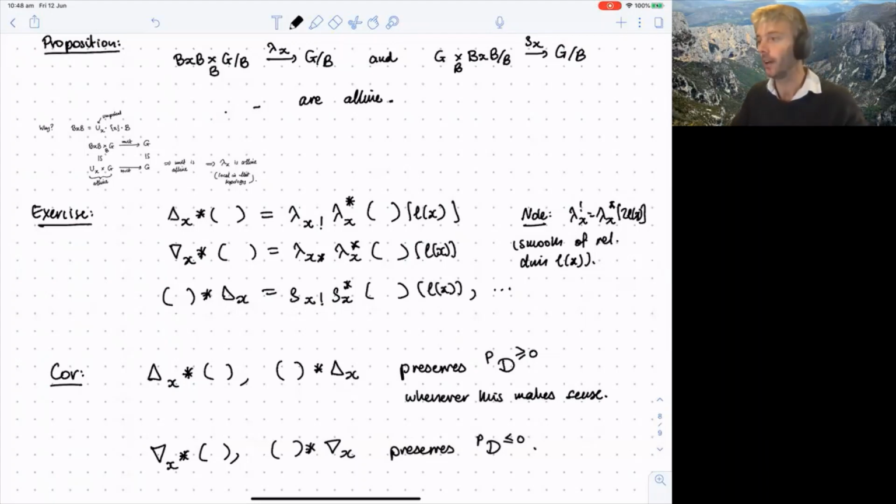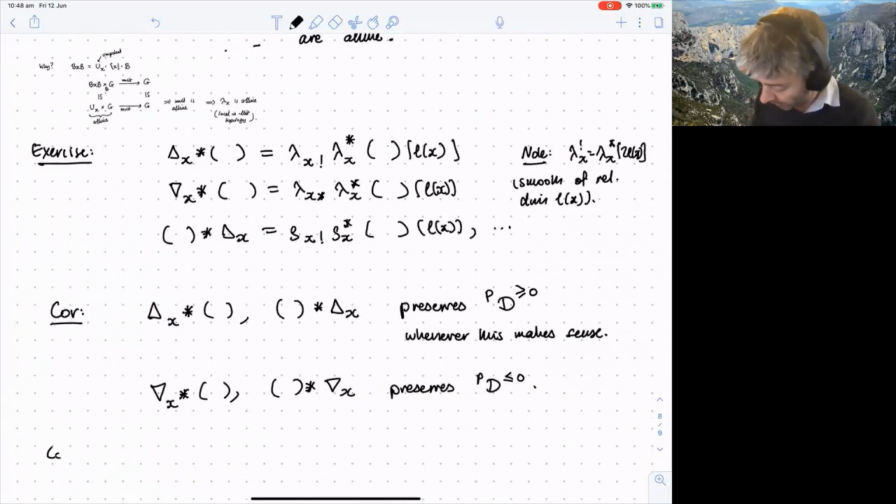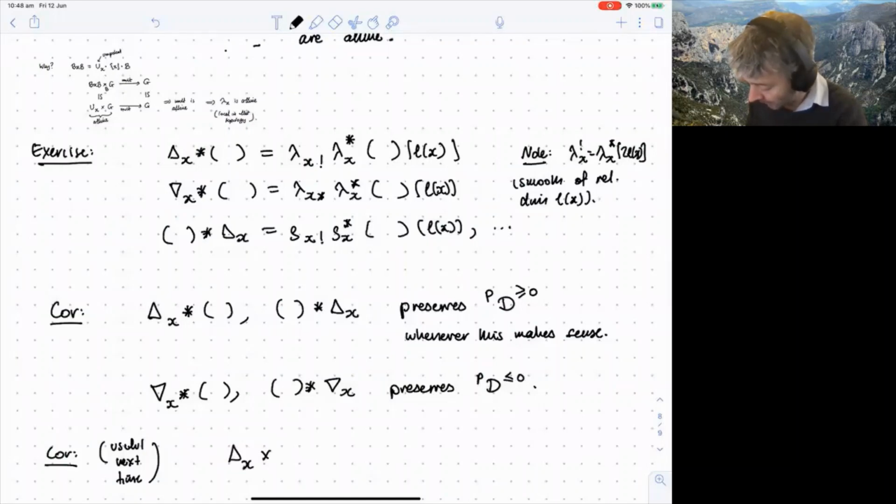and now we have enough. So one important corollary that will be useful next time, it probably seems a bit random at this point, is that if I take any convolution of a delta and a nabla, it's kind of surprising, these are always perverse.